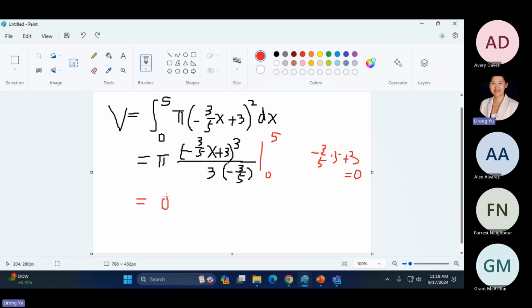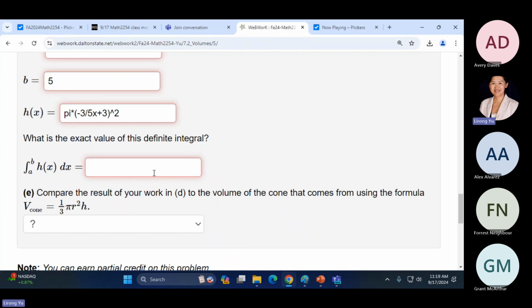So the upper limit is 0 minus the lower limit value, which is pi times, that was 0, so the numerator becomes 27. The denominator is 3 times negative 3 over 5, and that is negative 9 over 5. The negatives also cancel. So it's 3 pi over 5 after we cancel all the factors. So that's the final answer, at least for this question.